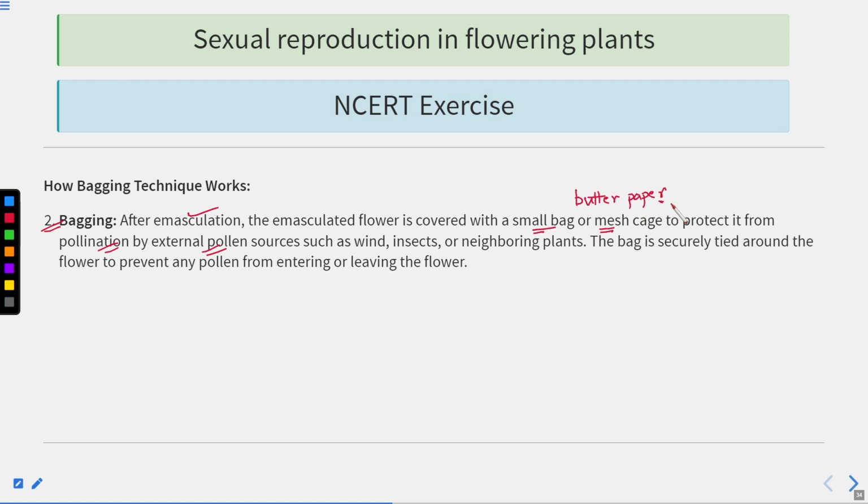This bagging protects against pollination or fertilization by undesired pollen, which can be brought by wind or insects. Pollination by wind is known as anemophily. Wind is an abiotic pollinating agent.